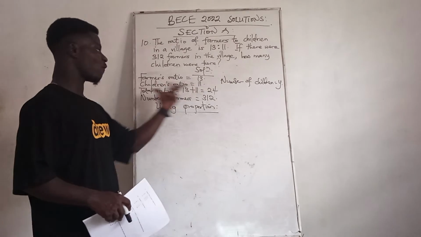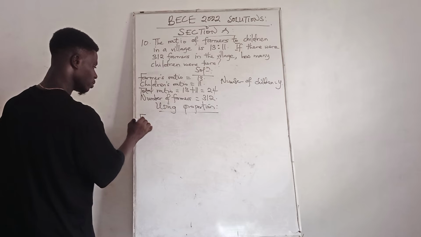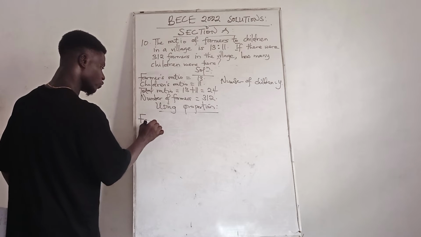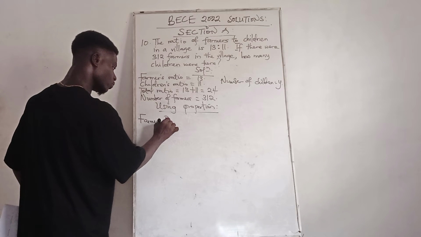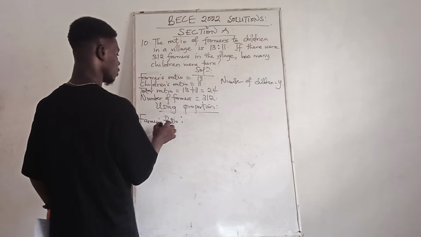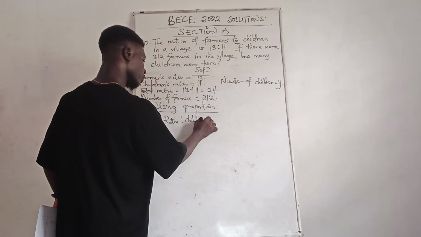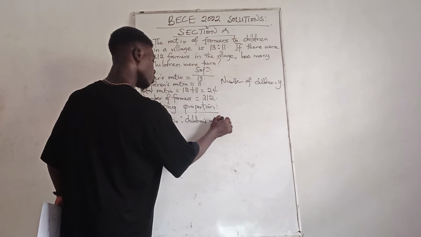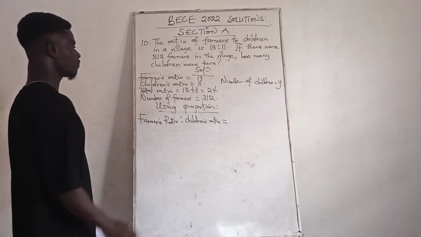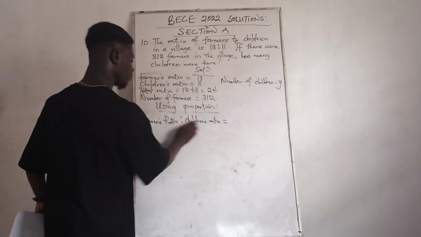The number of farmers. So let's write farmers ratio to children's ratio, which must be equal to, or let me do it like this.